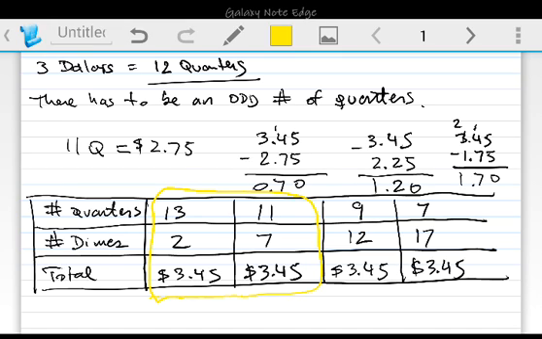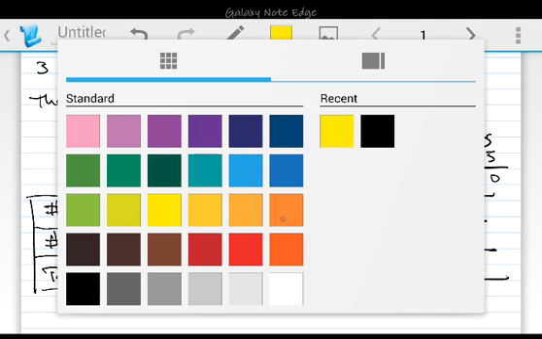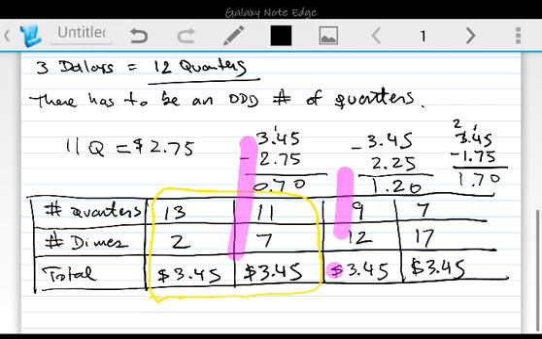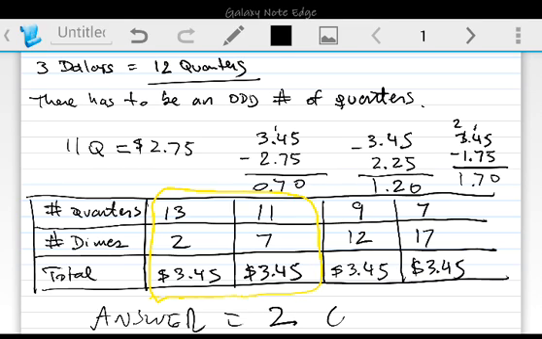So the answer is 2. 2 combinations of quarters, 13 and 11, satisfy the condition that she has more quarters than dimes. So the answer to the problem is 2 combinations.